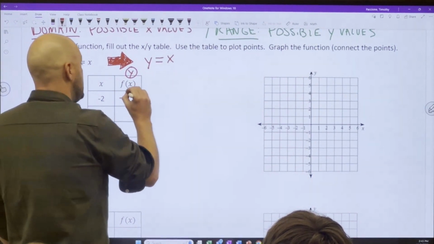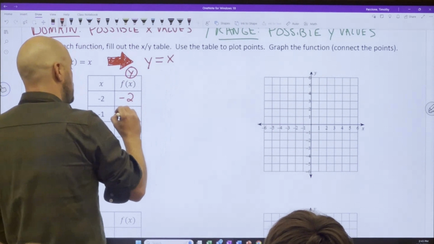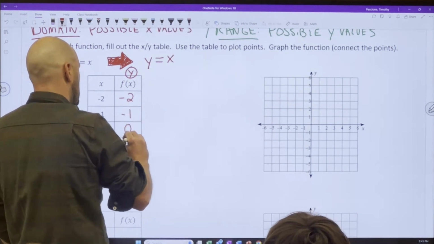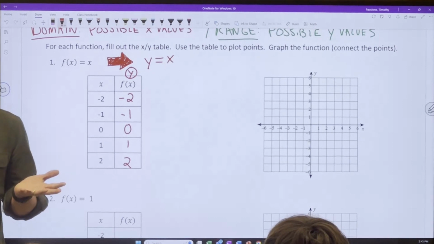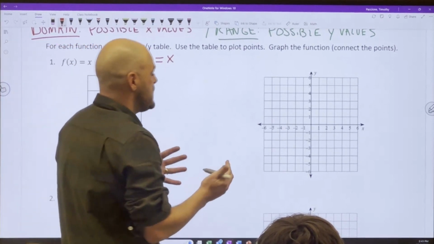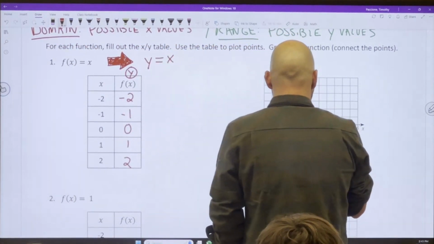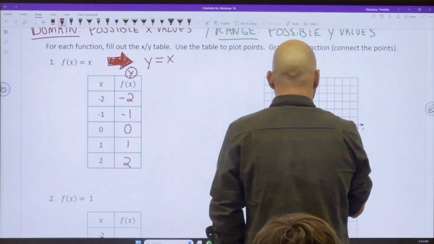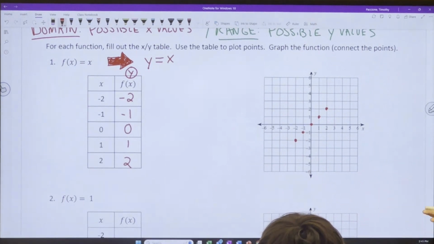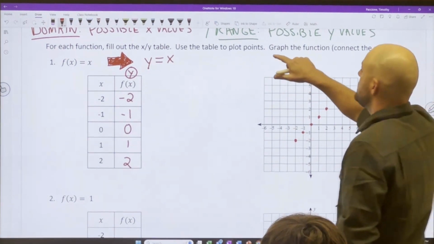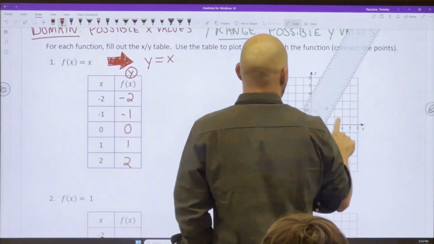It has to be the same. -1, -1, 0, 0, 1, 1, 2, 2, right? X is y, y is x, they're the same, right? So what does that look like? -2, -2, -1, -1, 0, 0, 1, 1, 2, 2. Oh, we got a line, right? This is our first type of function.